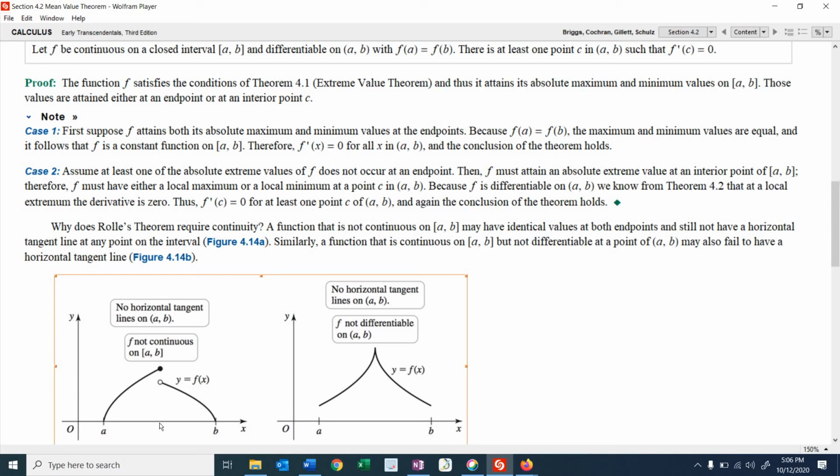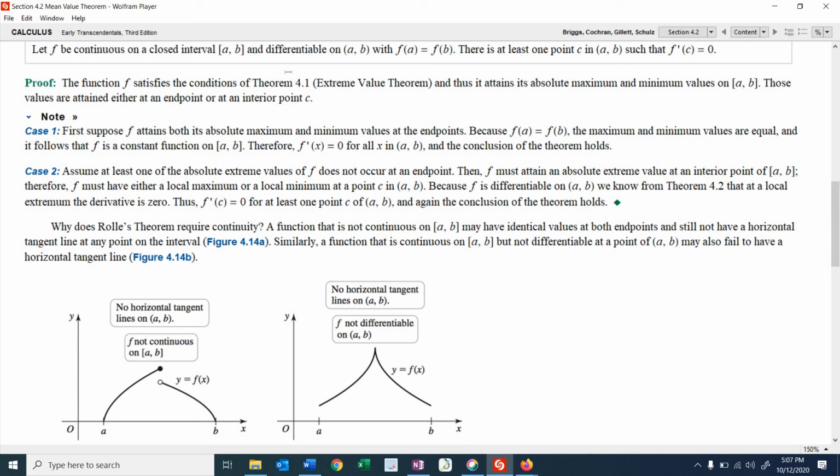So there's some discontinuity in between right here. Well, you can see that there's no point in between where the derivative would be 0. The slope of the tangent line is not 0 at any point here. So you can see that the conclusion does not hold. We do need continuity on the closed interval. So that's a counterexample for continuity.